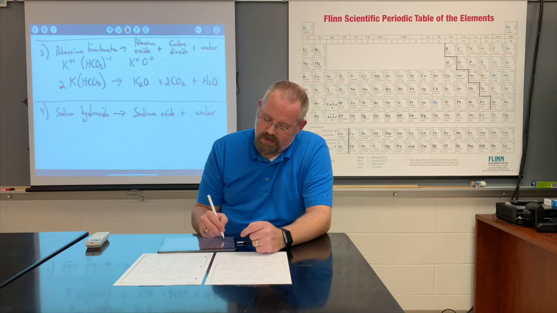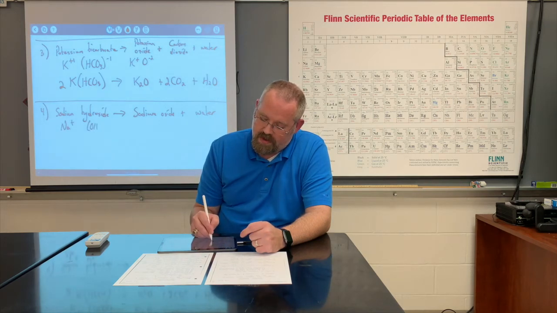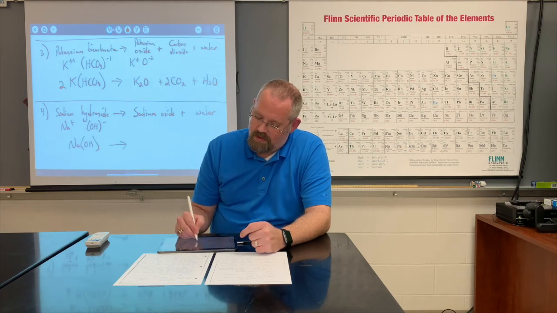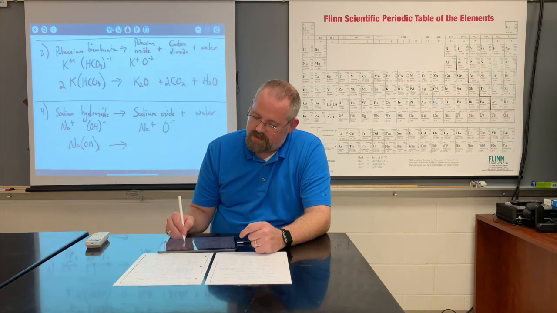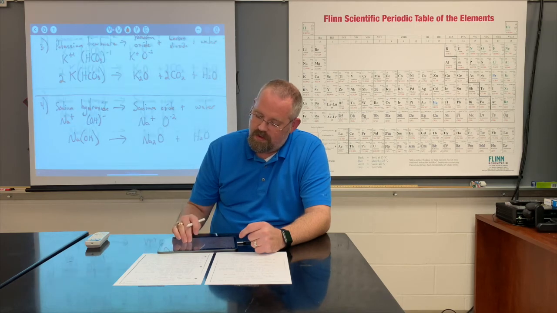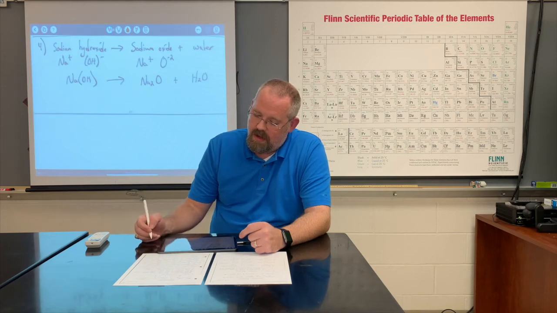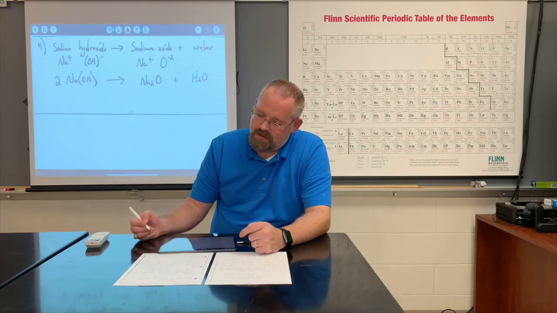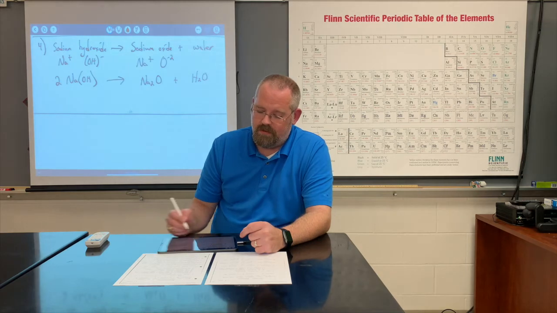My sodium hydroxide, sodium is +1, hydroxide is -1, put them together, NaOH. Yields sodium oxide, sodium is +1, oxygen is -2, put them together to get Na2O plus water. And I need 2 sodium hydroxides, and that should be all.